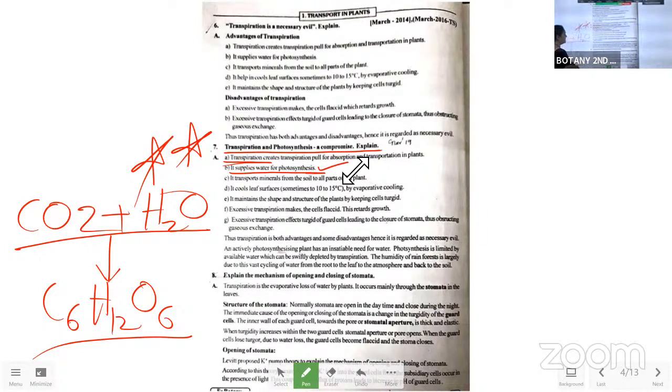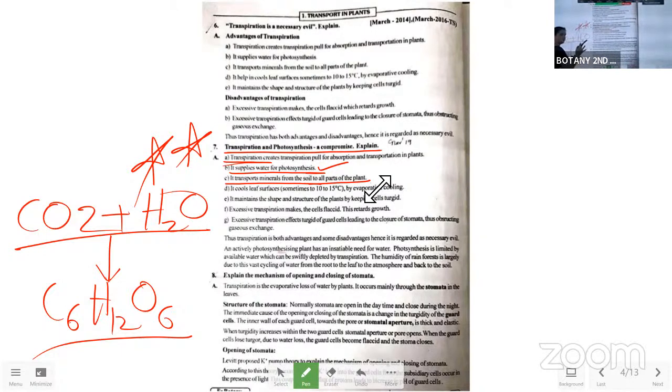Along with this, the minerals and ions are transported from the soil to the different parts of the plant, so the growth can be seen faster. When transpiration occurs, the growth can be seen faster.